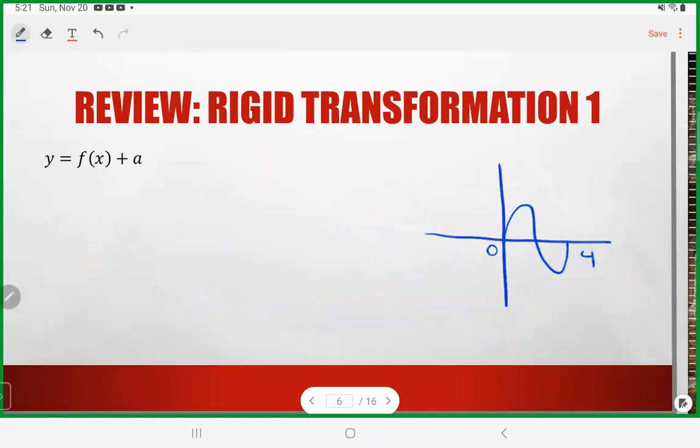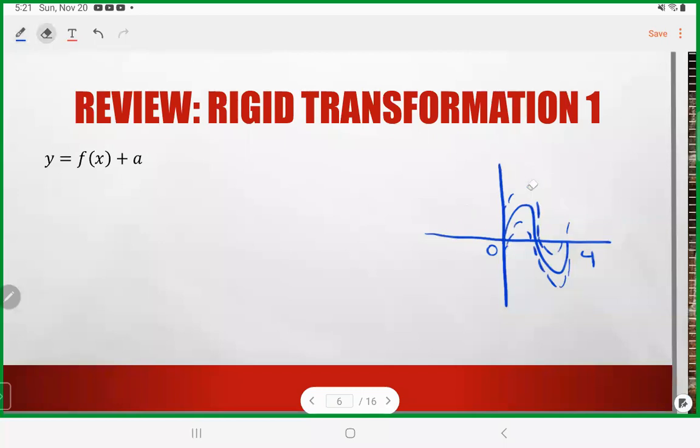And if you add 1 to it, f(x) plus 1, then it's just going to add 1 to it. It's gonna shift it higher. And if you subtract 1, it's gonna look like this, just shifted downwards.